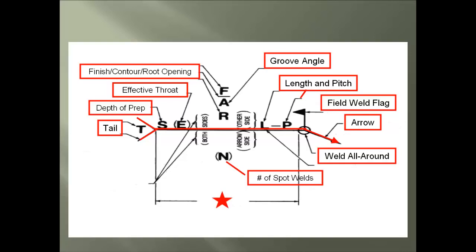Here is a very important note for all personnel. All these notations will remain the same even if the symbol is reversed. And this last location will be for the different weld symbols that can be placed on either or both sides of the line. We will now take a closer look at these.